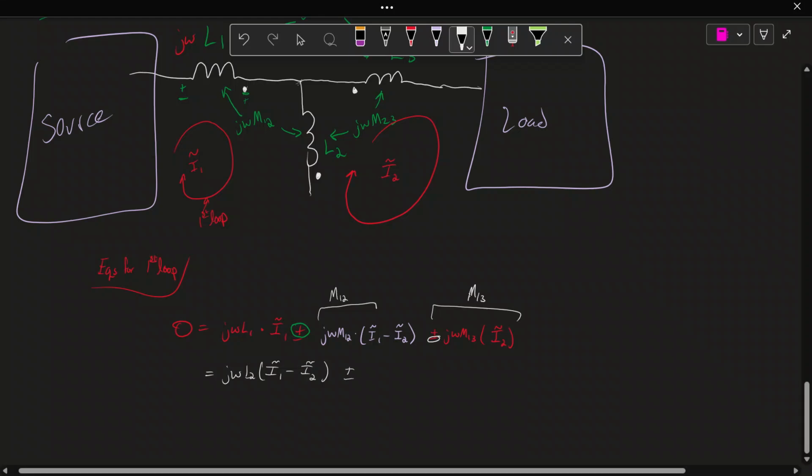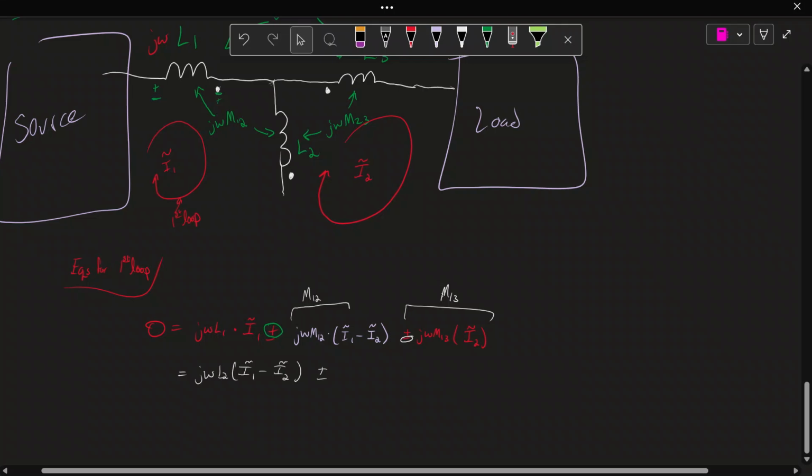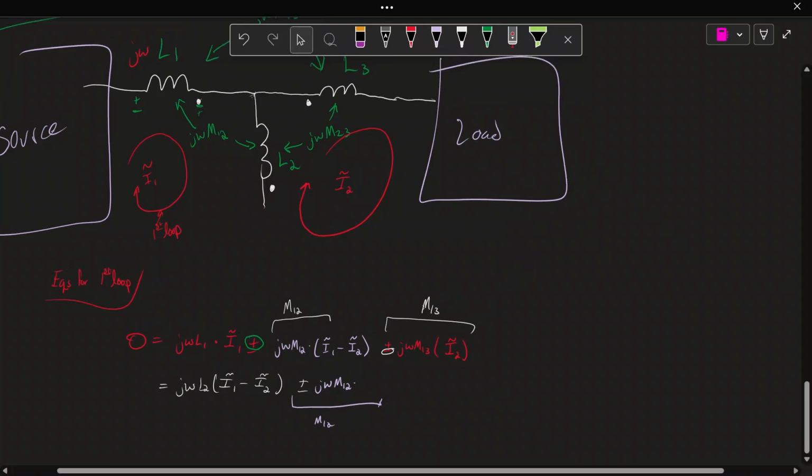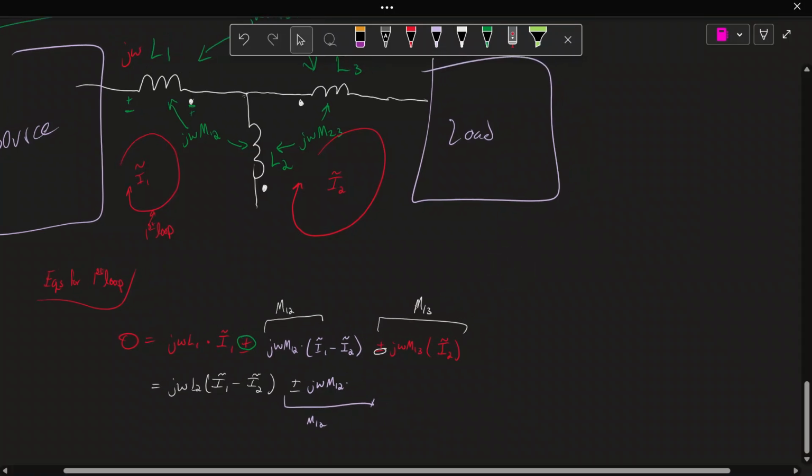Then we have to deal with the mutual inductances. Let's think about M12 first. So this is j omega M12 times the current of the first inductor, because the second feels it from the first. The current going through L1 is I1.